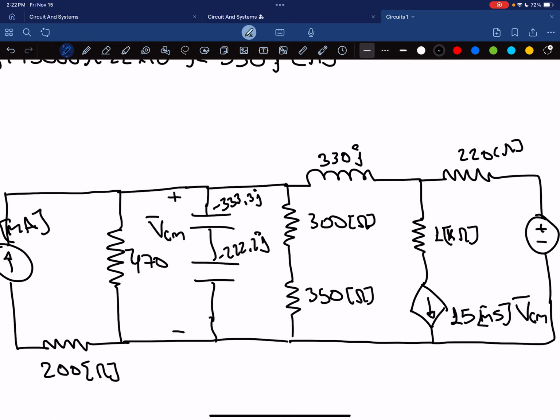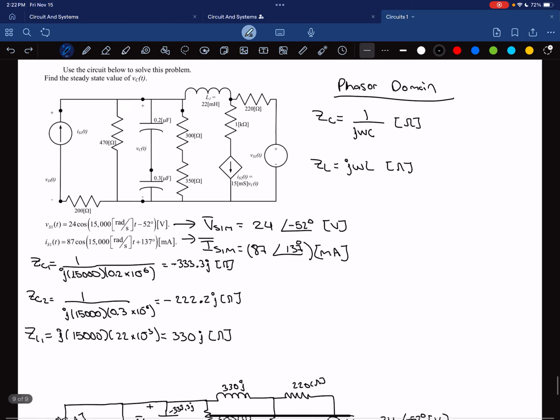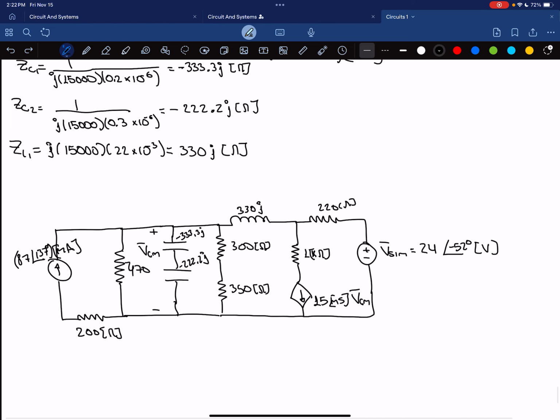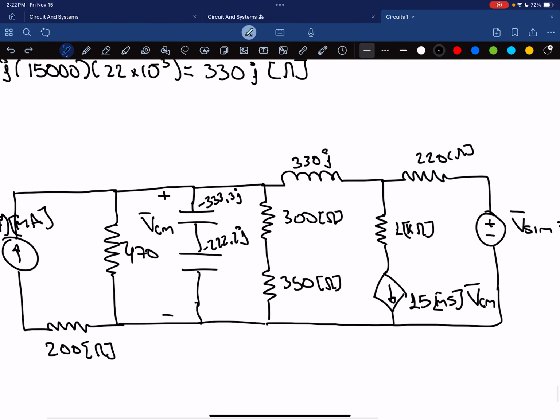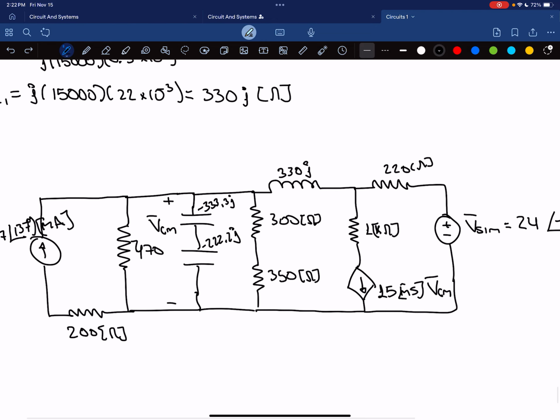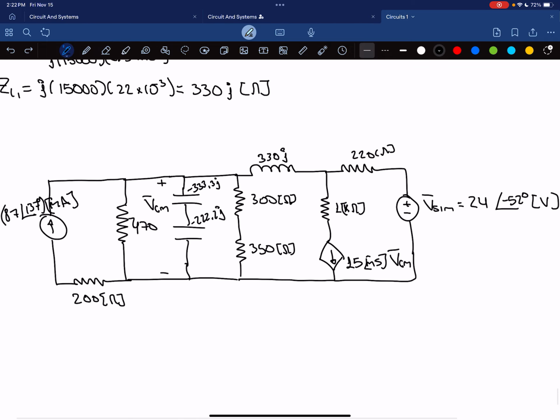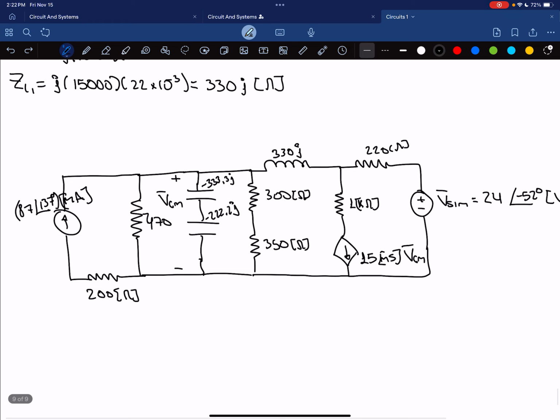VCM is across these two capacitors. And this VCM is not vC of t, because we changed everything to phasor domain. So you can do whatever analysis you want. You want to do KVL, KCL, mesh. But I'm going to do the node voltage method.